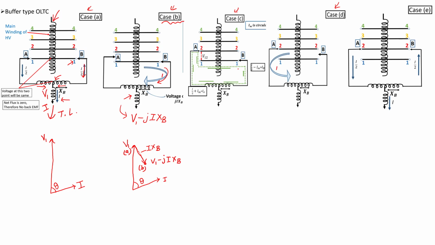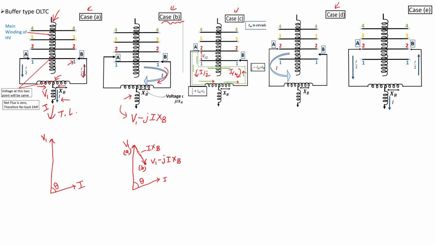So I by 2 here, and I by 2 here will flow, apart from the circulation current. The circulation current is shown here with green arrows, which is also superimposed on this.